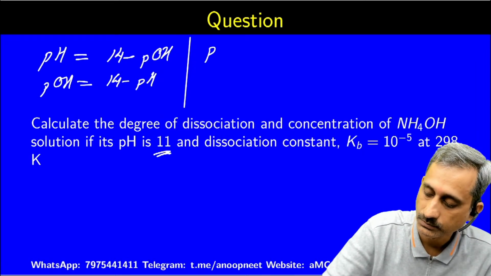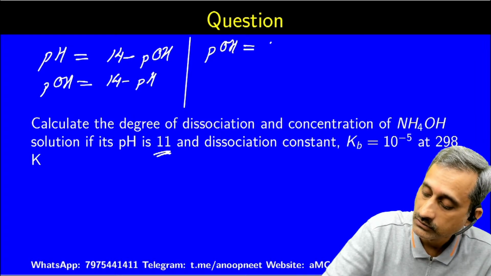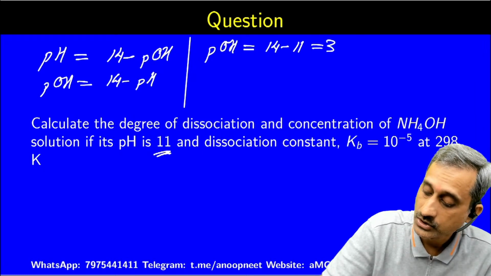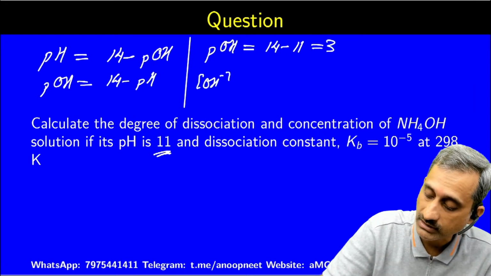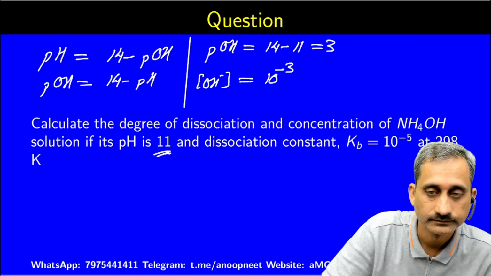So pOH is equal to 14 minus 11, that is equal to 3. So the concentration of OH minus will be equal to 10 raised to power minus 3.